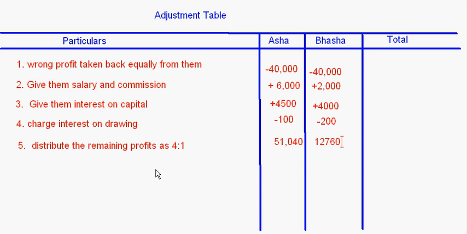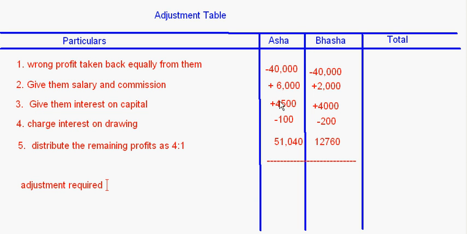After this, the adjustment that is required will be, if you do this, minus 40,000 minus 100, right? Minus 40,100. The other things are plus 51,040, plus 4,500, plus 6,000.